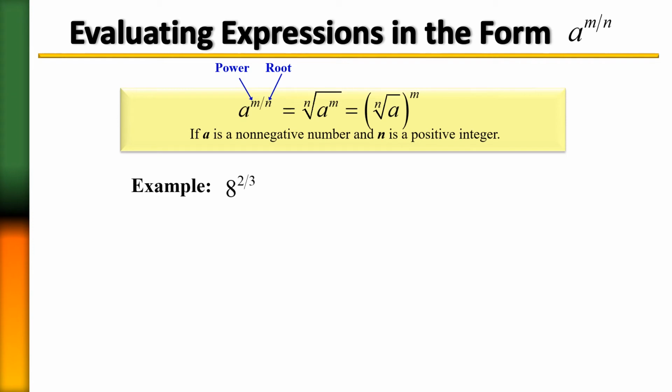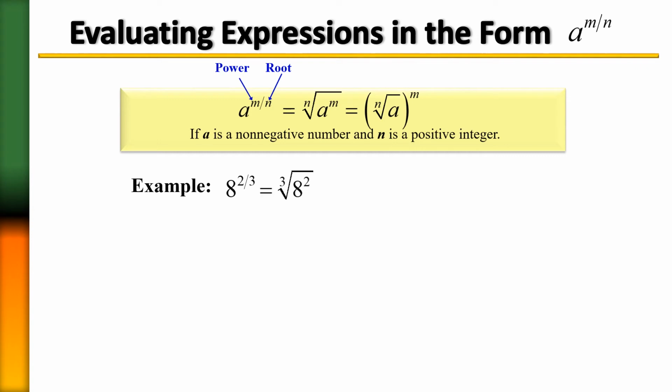So in this demonstration example here, I have 8 raised to the 2/3 power. So at the top of my fraction, I have a 2, which means 8 is going to be raised to the 2nd power. And the root that I'm going to be dealing with is a cube root.